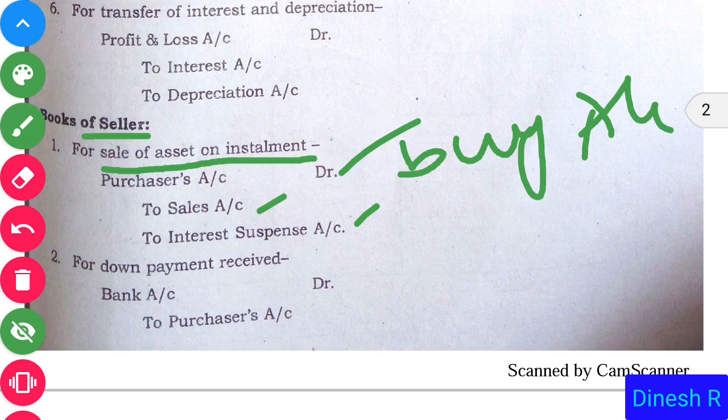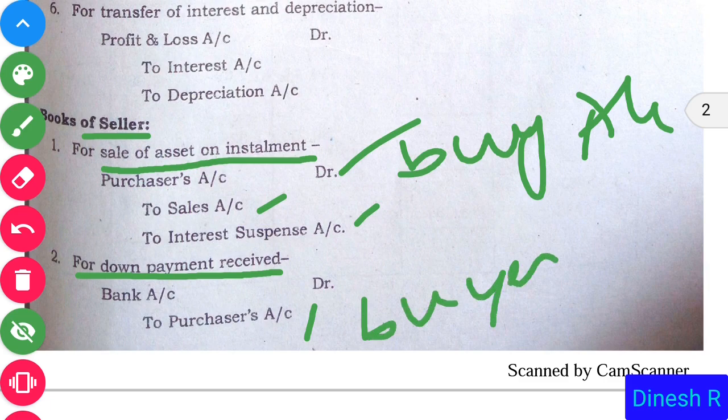That's the journal entry that will come. The next one, for down payment received: bank account debtor to purchaser account or buyer account.